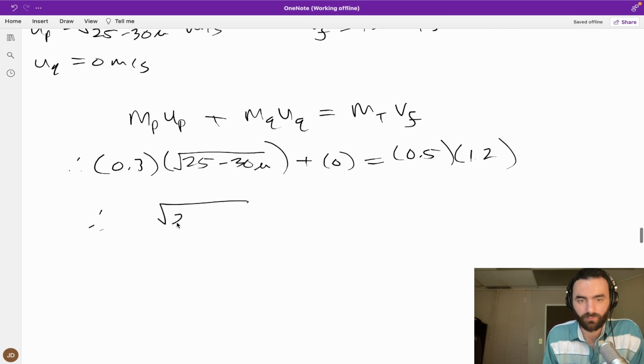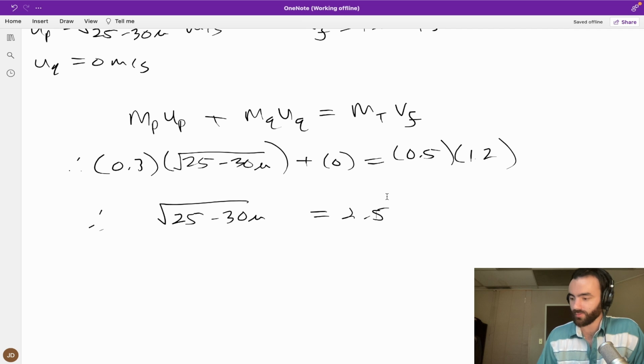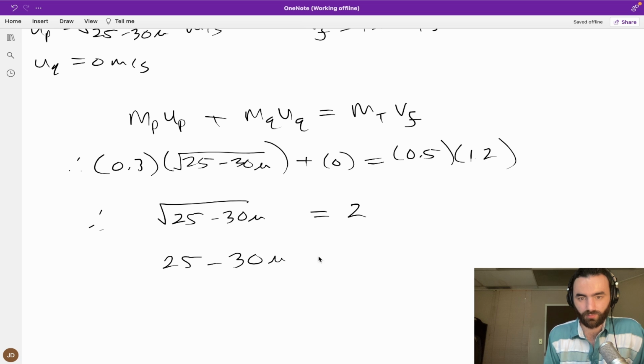Therefore, the square root of 25 minus 30 mu equals 0.5 times 1.2 divided by 0.3, which is 2. So 25 minus 30 mu equals 4.